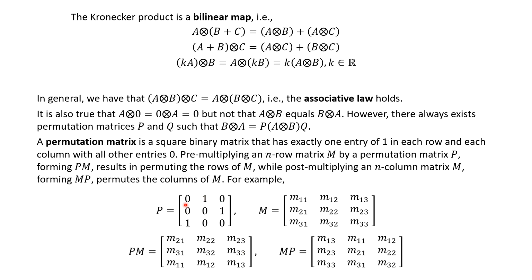And that's the same permutation that was done to the identity matrix to get P. Okay, so I'll leave it to you to check the details of multiplying P times M. It's pretty easy.